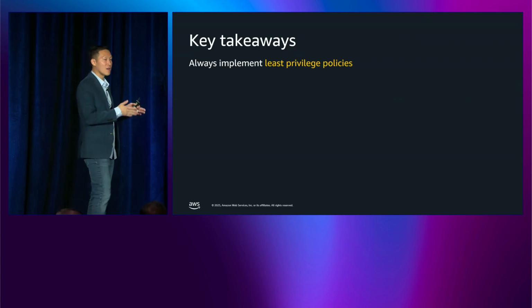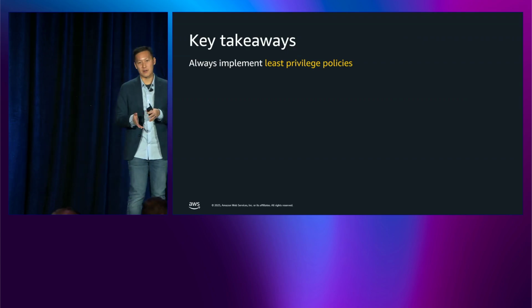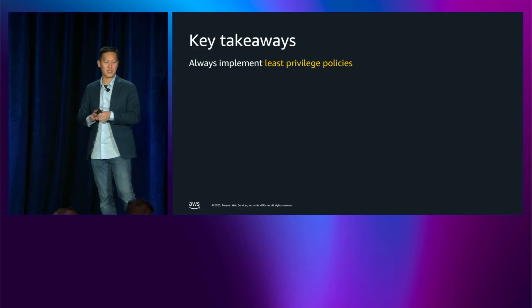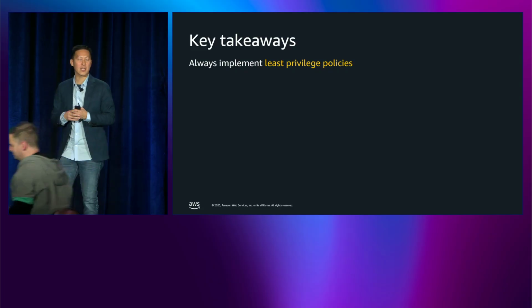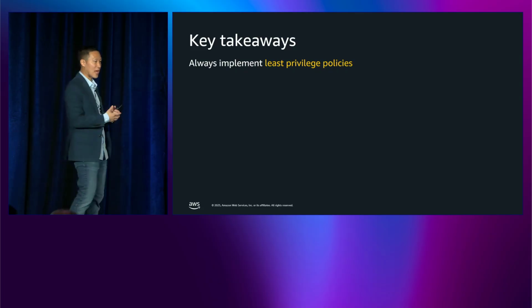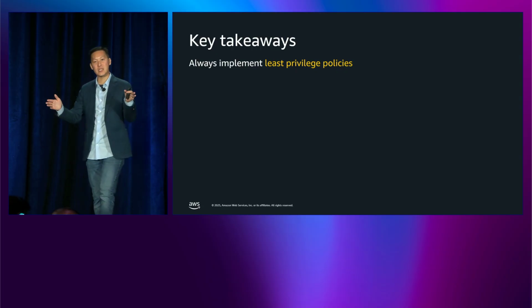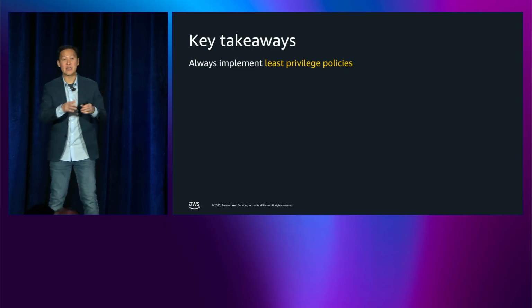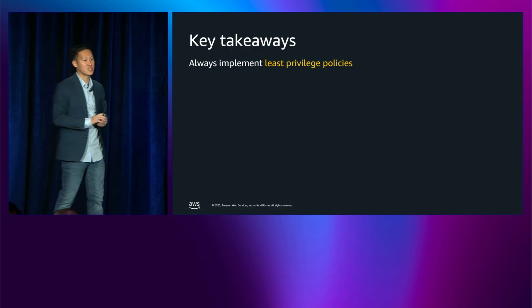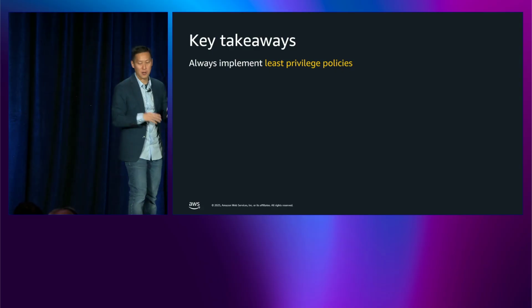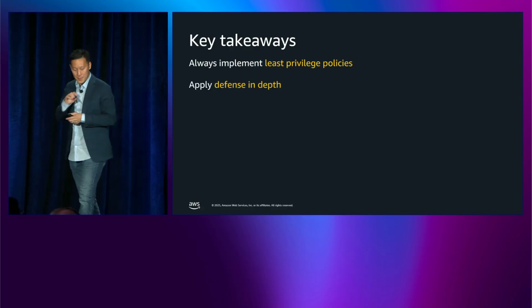That said, there are some policies that do require a star, and in that scenario, that is OK. But if you're going to be accessing a particular Dynamo table or a particular S3 bucket, you want to be as explicit in the resource, and as explicit in the particular actions that you're allowing in that policy. So again, least privilege policies.